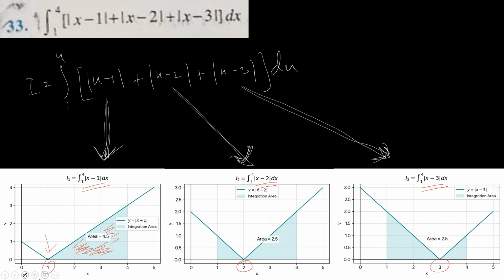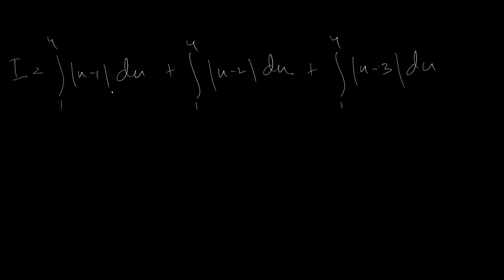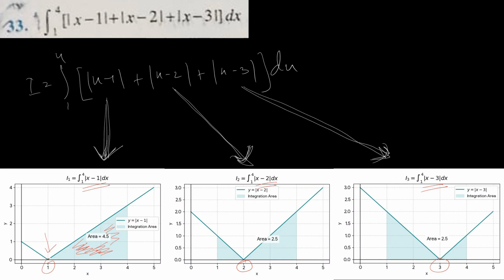Now we have already studied that modulus has both a negative value and a positive value. But here, since the vertex and the lower limit are both the same, this function from 1 to 4 is always positive.